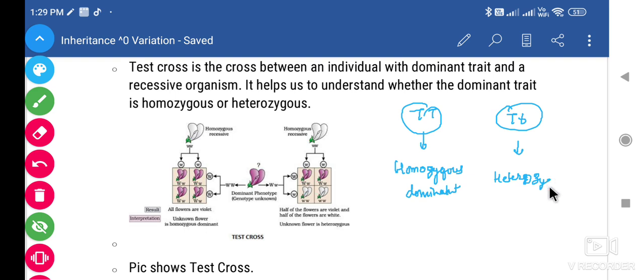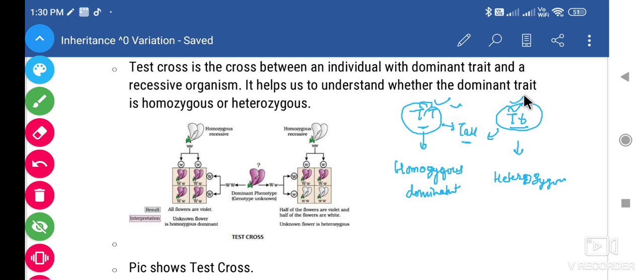You already know that capital T represents the tall plant, and capital T small t also, because the homozygous condition has all dominant genes, and the heterozygous condition has one dominant trait. So capital T suppresses the small t information and just expresses itself, like tall.